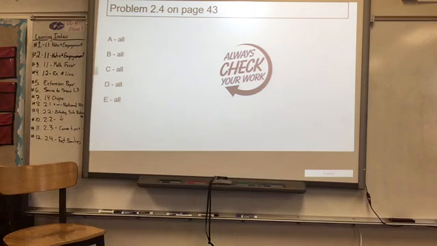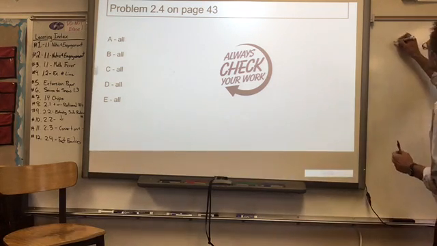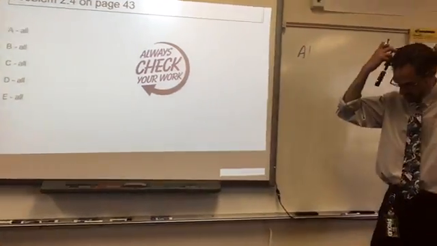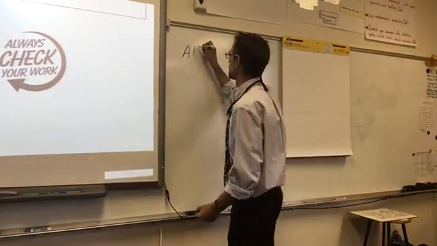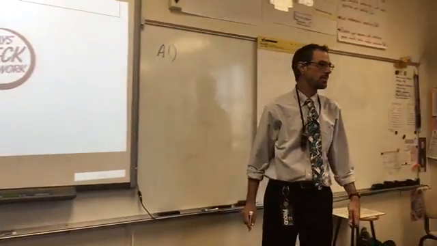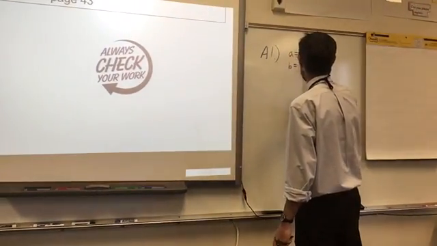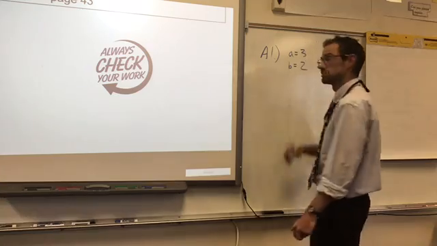Guys, listen up for A, 1, 2, 3, 4. So A1 says both A and B must be positive. So A must be positive, B must be positive. So let's say I do 3 and 2.